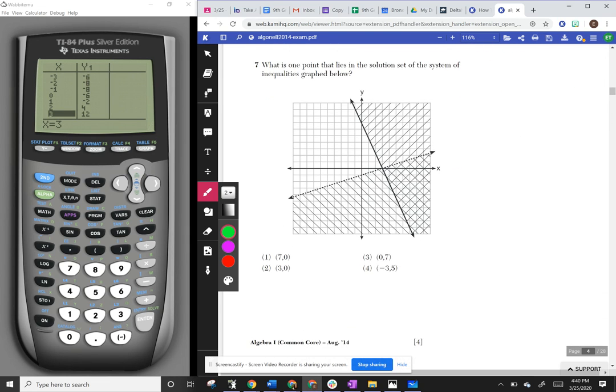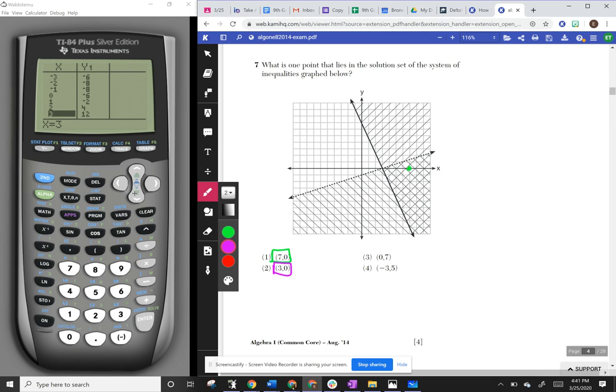Okay, question 7. What is one point that lies in the solution set of the system of inequalities graphed below? For this, I recommend graphing all points. So let's start with point number 1, (7, 0). We go 7 on the x-axis, 4, 5, 6, 7, and we don't go up or down. Point 2, (3, 0).